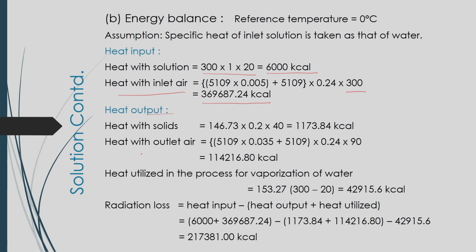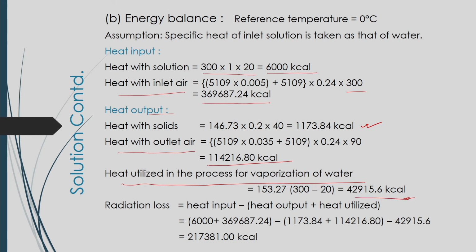Similarly, heat output is calculated as the heat with solids, which is CpdT into the amount of solids. Heat with outlet air comes as this amount. Heat utilized in the process for vaporization of water is this one, so this amount of heat is utilized there.